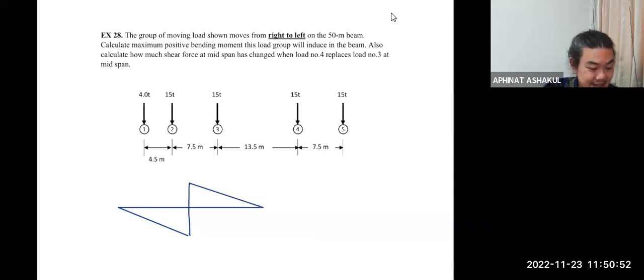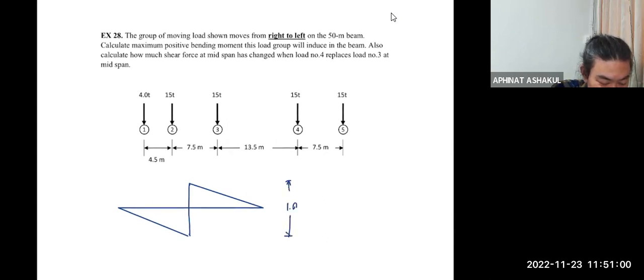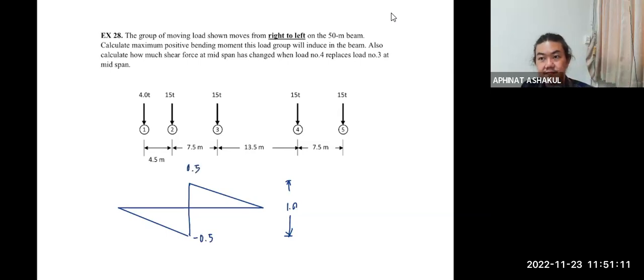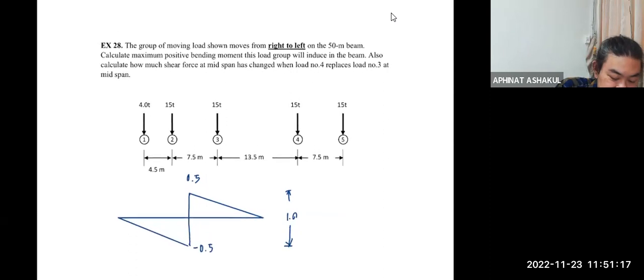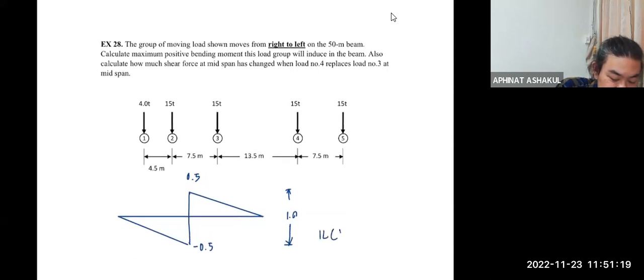Okay, and it's a midspan, so we know that the height here has to be one, right? Therefore this is minus 0.5, that is 0.5. This is the influence line of V at midspan.